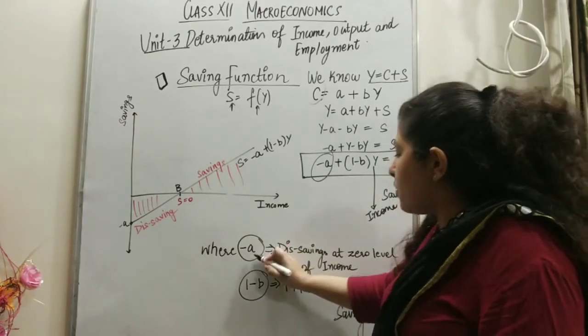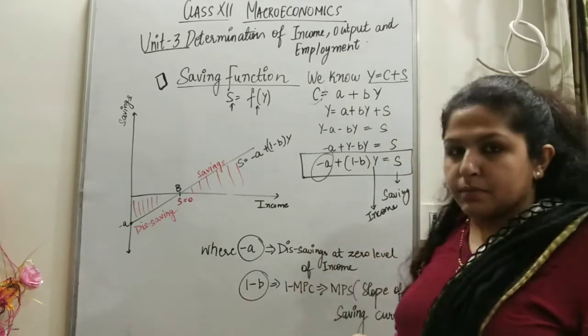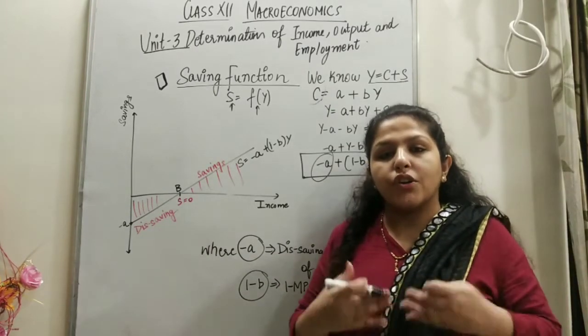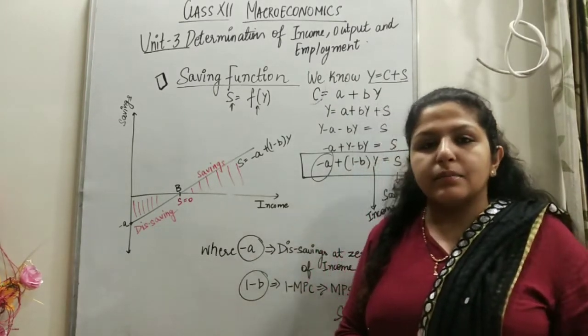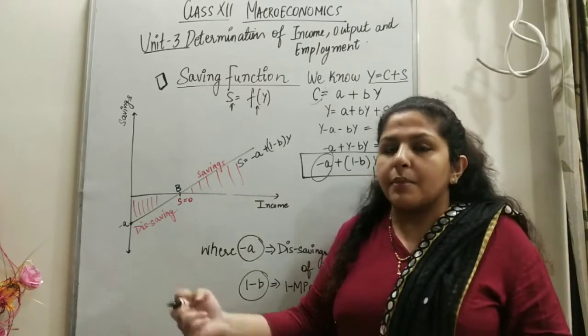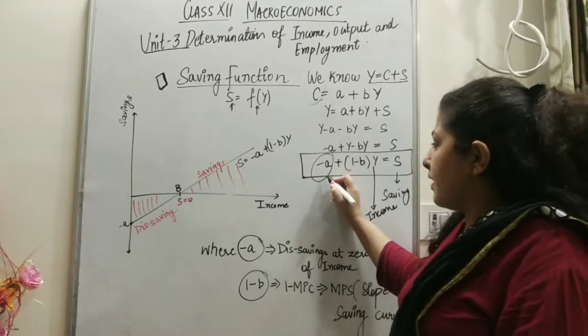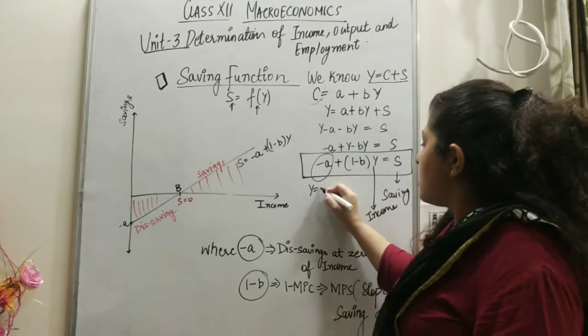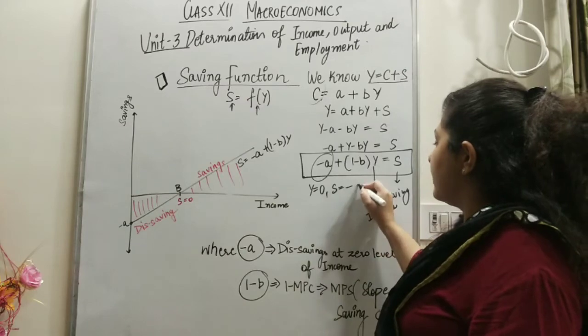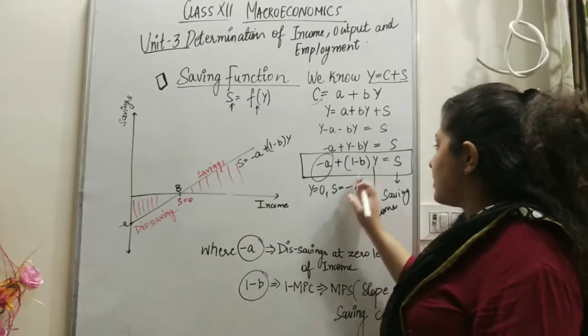So minus A denotes dissavings at zero level of income. That means when the consumer is using autonomous consumption, at that time the consumer is also dissaving previous savings at the zero level of income, denoted by minus A. When Y is equal to 0, savings are minus A.